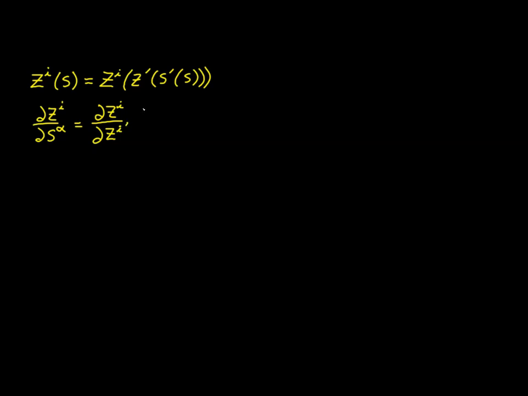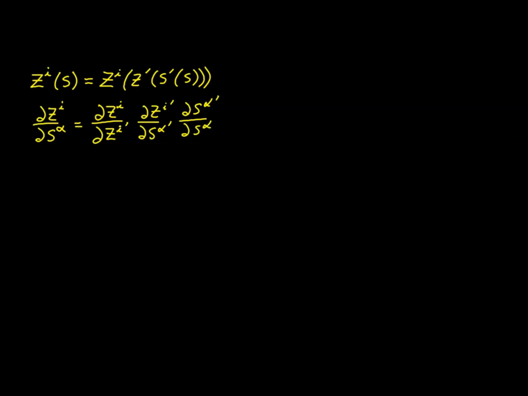And then we're going to have the partial of zi prime with respect to s alpha prime. And finally, the partial of s alpha prime with respect to s alpha. Okay, so that completes the chain rule differentiation.